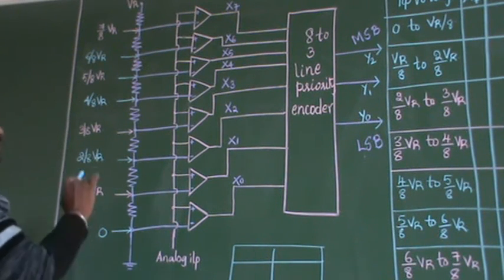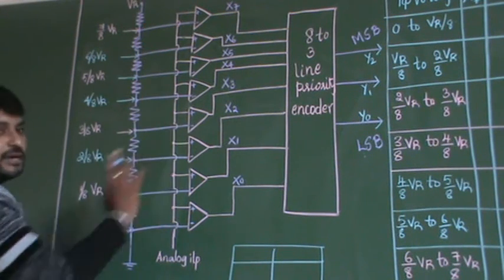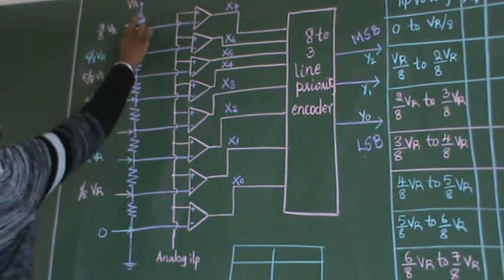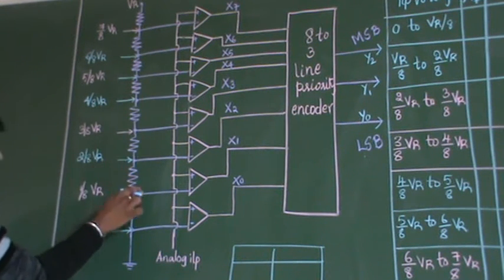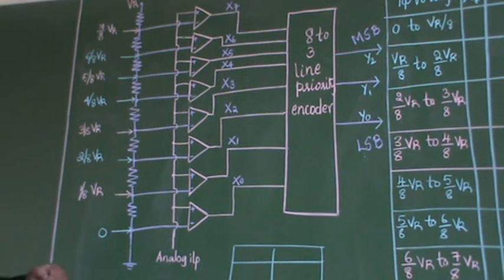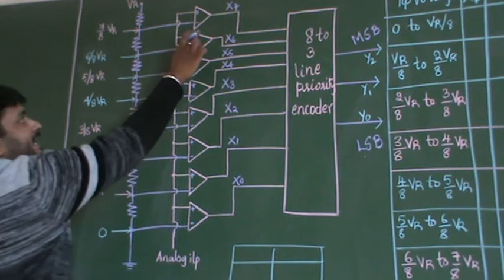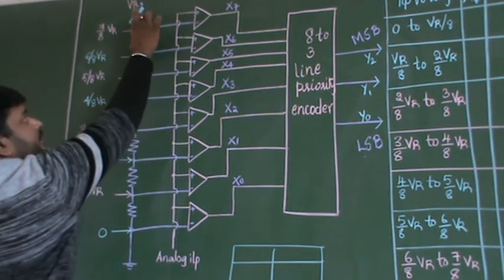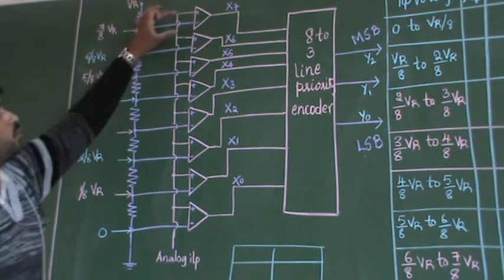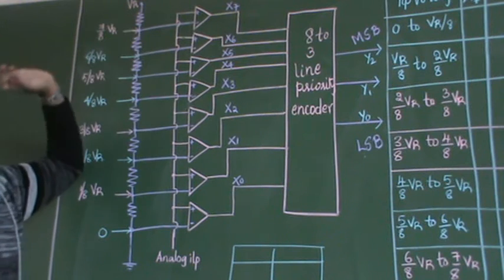Let me tell you how to draw this diagram. First, you have to draw 8 resistors vertically. Then a comparator should come between every 2 resistors.